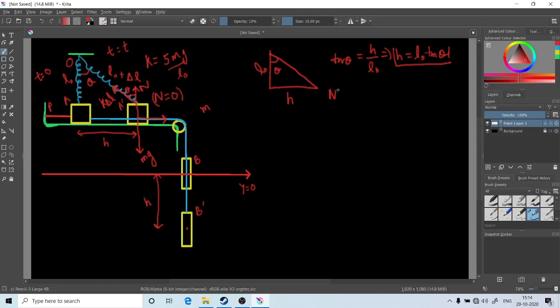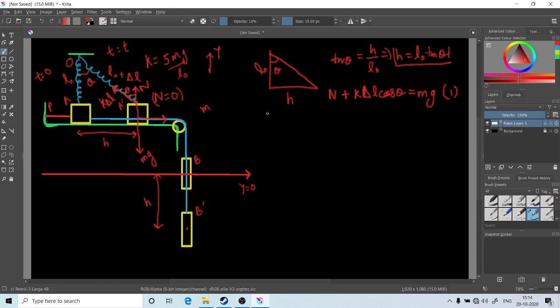Therefore, N plus K delta L cos theta along the vertical axis, that is the y axis, equals mg. This is our first equation.